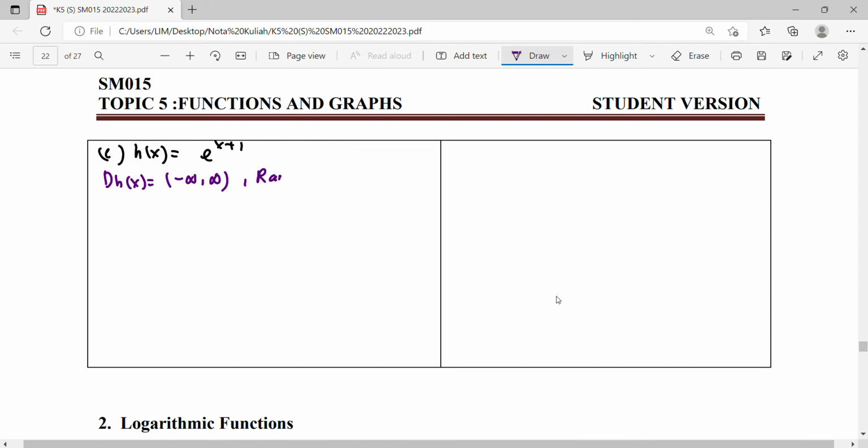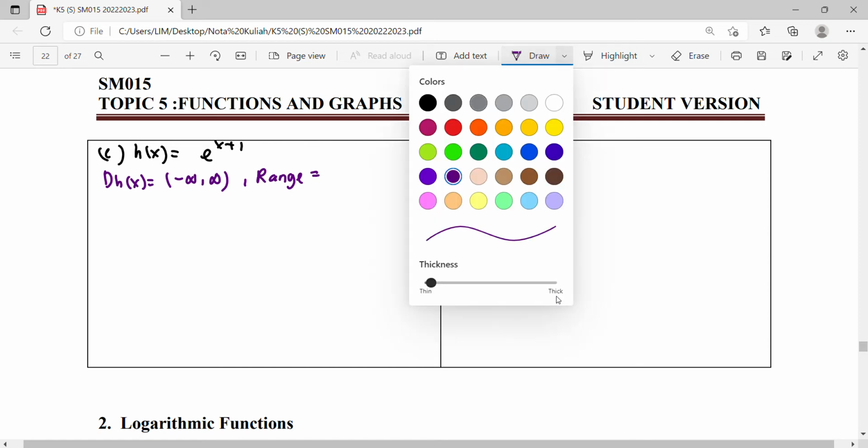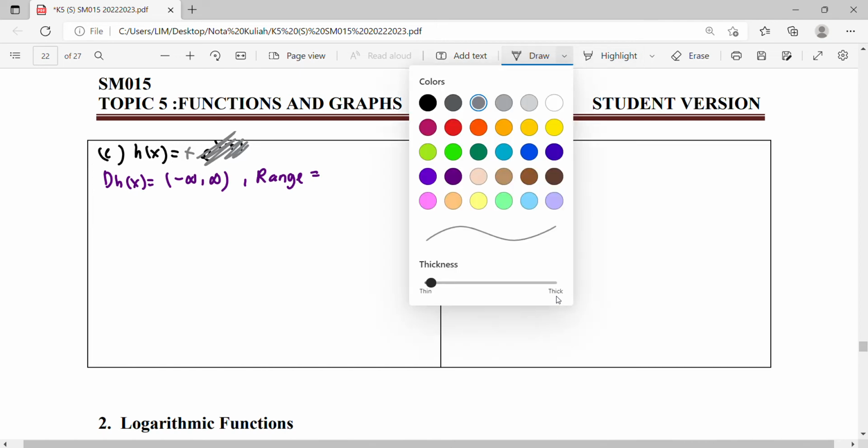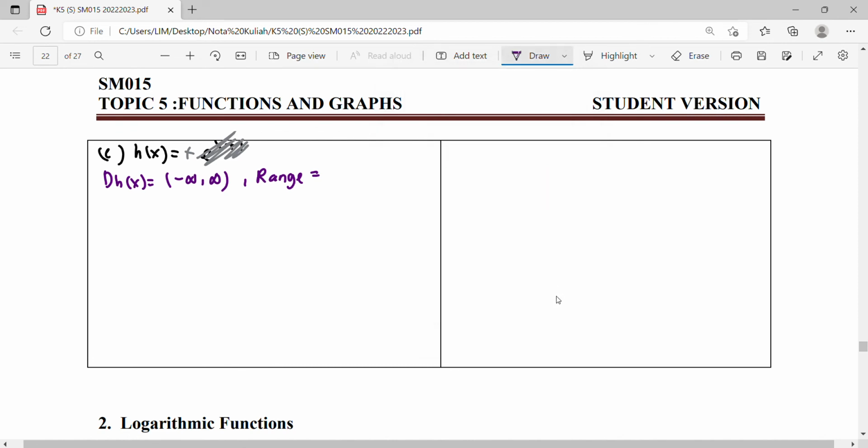Meanwhile, the range is a special case, we need to calculate. We are going to close up, hide the exponential here. You can see up here the coefficient is positive, which means this graph will go to positive infinity. The value up here is 0, so 0 to positive infinity.